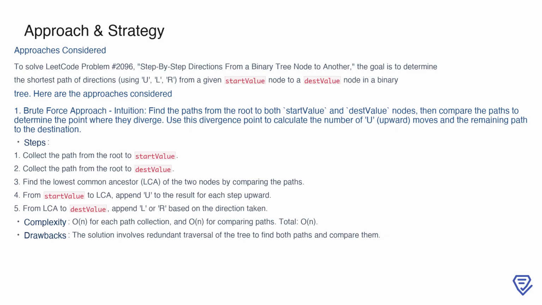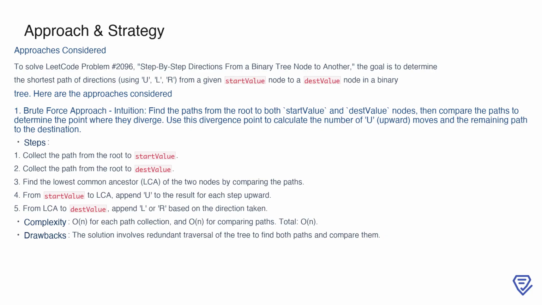By comparing these two paths, we can determine the lowest common ancestor, or LCA, which is the point where the paths diverge. From the start node to the LCA, we calculate how many steps are needed upward, appending U for each step. Then, from the LCA to the destination node, we calculate the remaining path, appending L or R based on the direction taken in the binary tree.